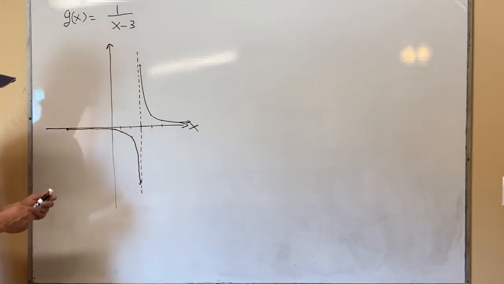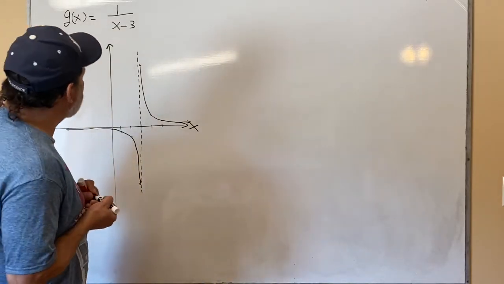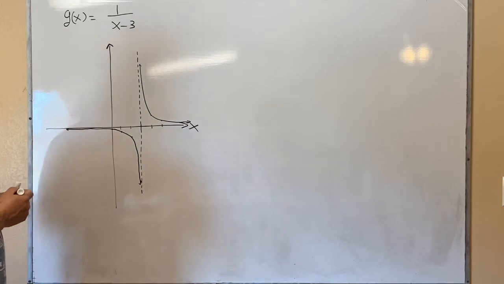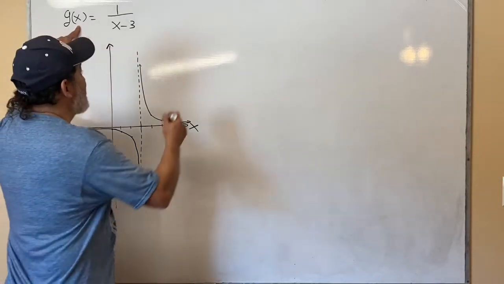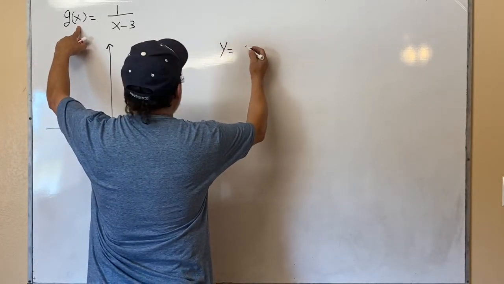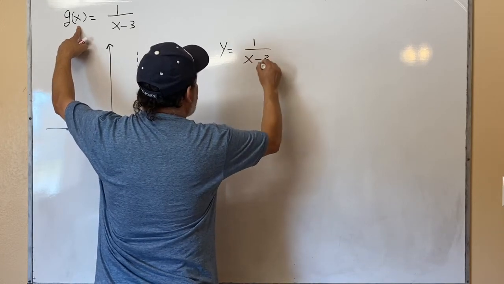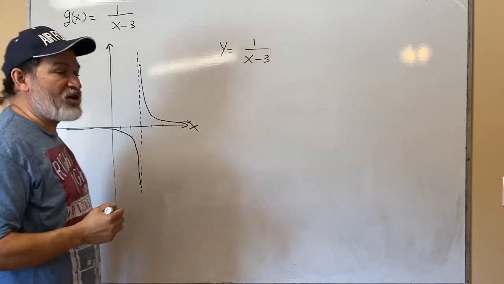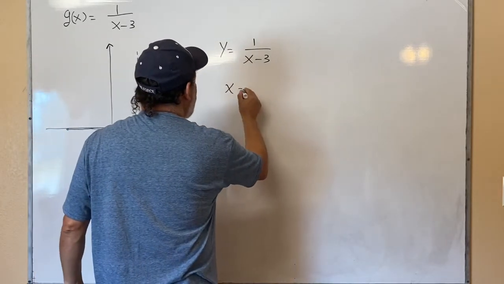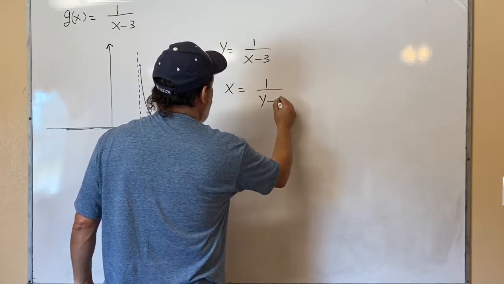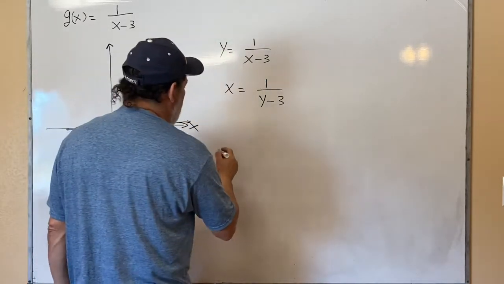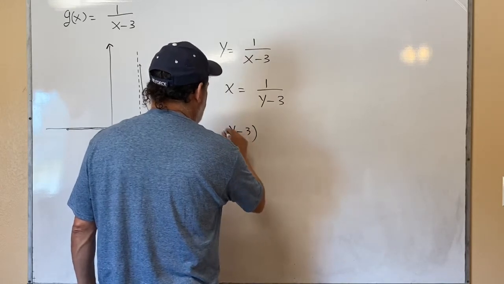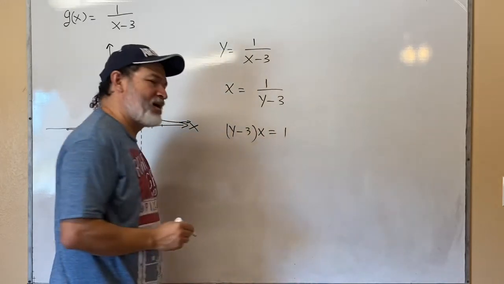Okay, how do you find the inverse? To find the inverse, all we have to do is call this y. y equals 1 over x minus 3. Interchange x and y. x equals 1 over y minus 3. Multiply both sides by y minus 3. y minus 3 times x equals 1.